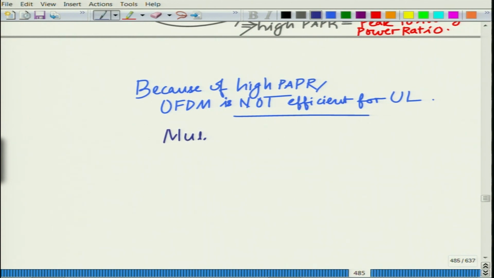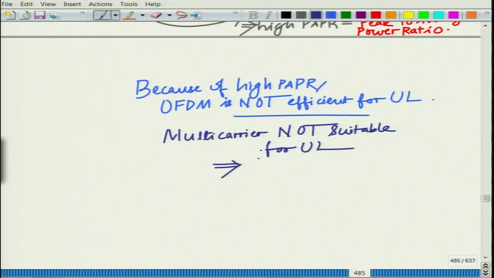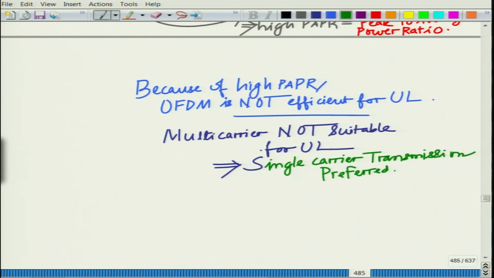Multi-carrier is not suitable for the uplink, which implies single carrier transmission is preferred for the uplink.